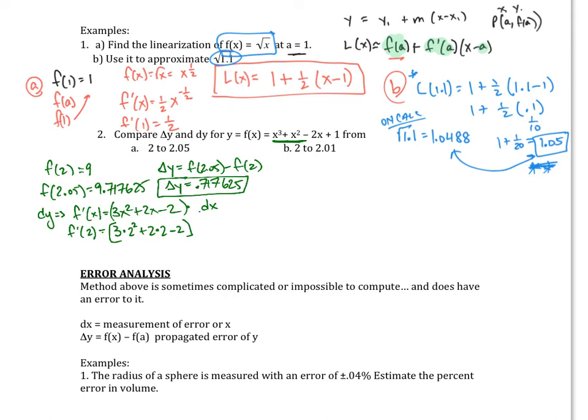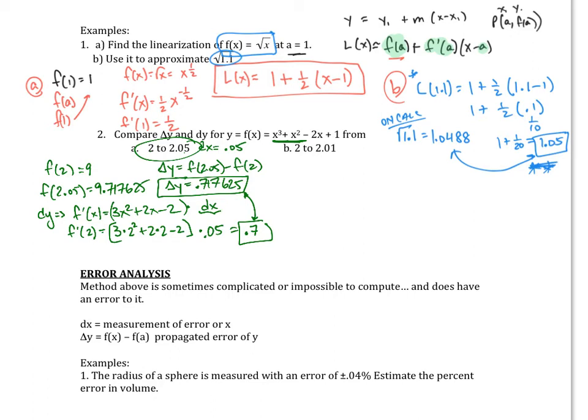This times my delta x, my dx for this will be 0.05, and I got that by going from 2 to 2.05. That's my change in x. I work this out, and I get 0.7. Now I can compare these two values, and that's the difference between delta y and dy.